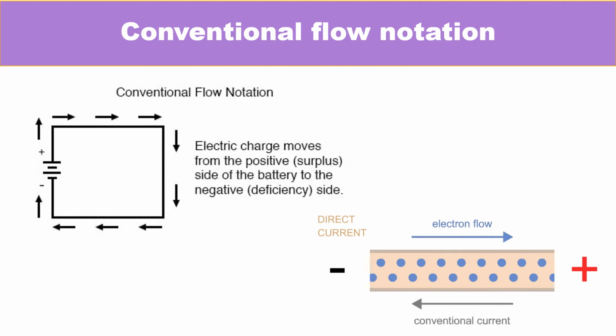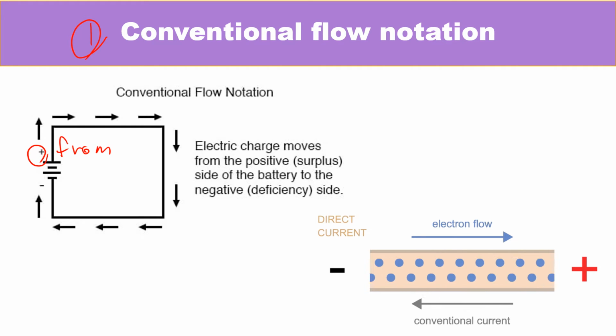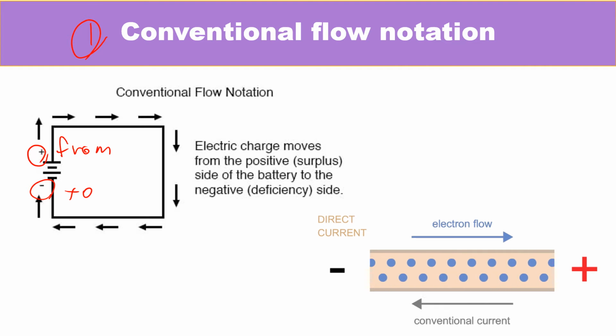There are two things that we need to go through: one known as conventional flow notation, and the actual electron flow notation. The one that came out first historically is known as conventional flow. Long story short, conventional flow goes from positive to negative.